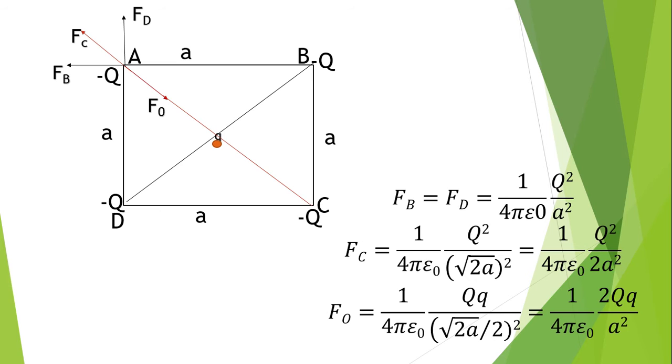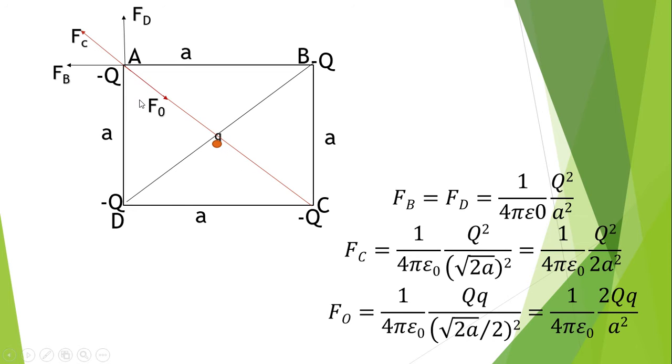So first we find the resultant force along the direction of Fc, which is equal to F0. Fb and Fd are equal in magnitude, as we have already said. So the value of Fb or Fd is equal to 1 by 4 pi epsilon naught Q square by a square. The force Fc, acting on charge minus Q at point A due to charge minus Q at point C, is equal to 1 by 4 pi epsilon naught Q square by (root 2 a) whole square, because this distance AC is root 2 a.